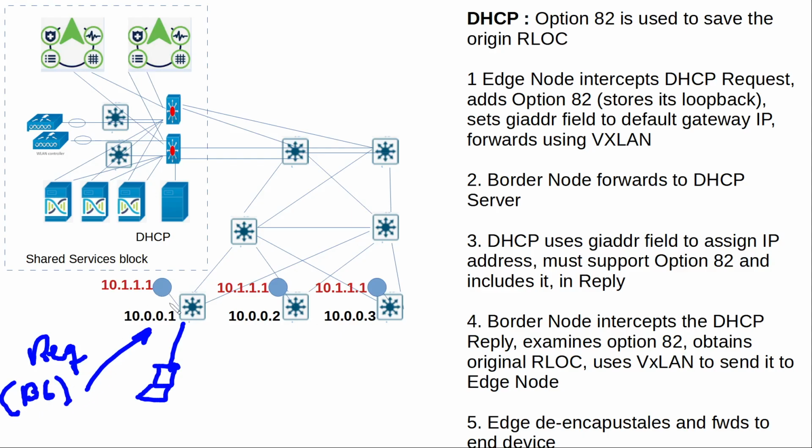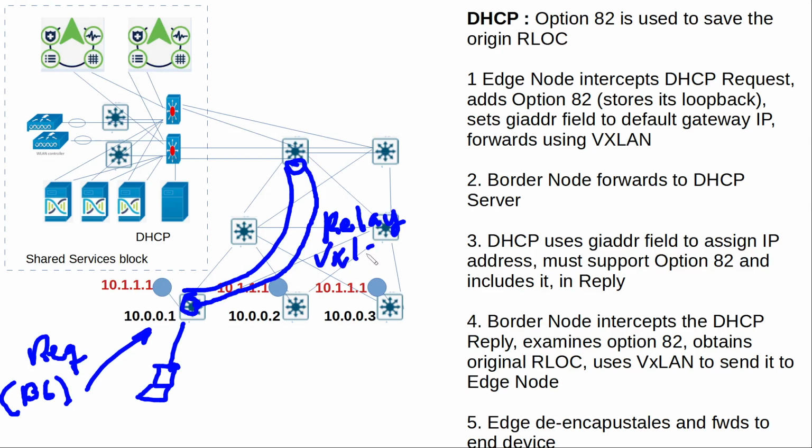Then the edge node, given it is configured to use DHCP snooping, is going to intercept this request, and it is going to relay it to the DHCP server. And it is going to encapsulate this relayed request within a VXLAN tunnel, but it is going to add option 82.